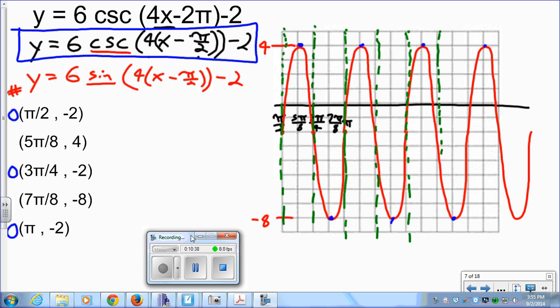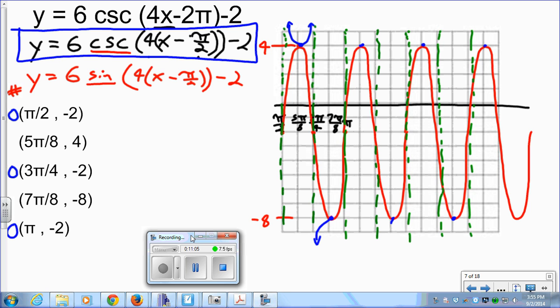And then from there, I just understand that we're going to go away from them in a reciprocal fashion. So these are going to get smaller, so these get larger, getting very close to that green line but never crossing it. Same thing down here.